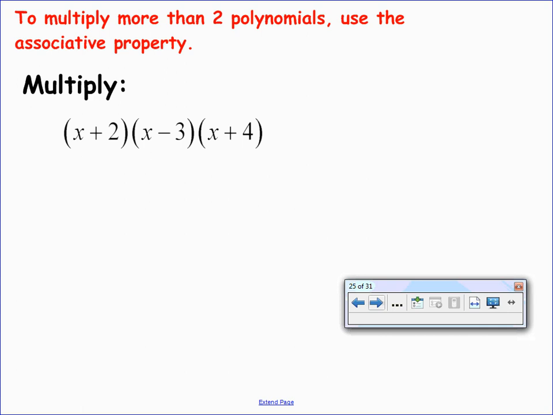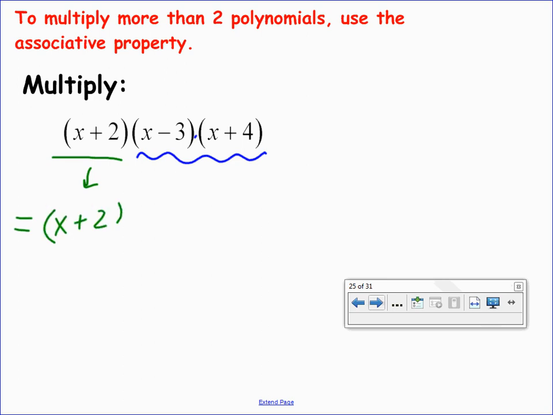I think I'll focus in on that x minus 3 times x plus 4. So I'm going to choose to multiply this blue pair, and I'm going to leave this x plus 2 alone for the meantime. I'm going to multiply this blue pair together in one pairing.